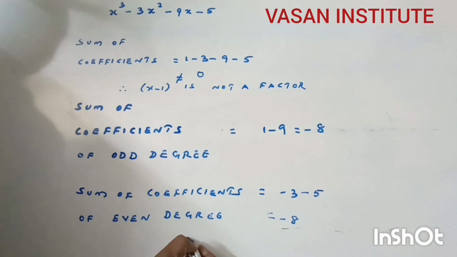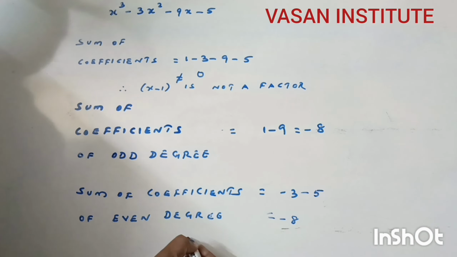So x plus 1 is a factor, that is x equal to minus 1. Now write the coefficients: x cube 1, x square minus 3, x minus 9, then the constant. Now divide this polynomial by minus 1.